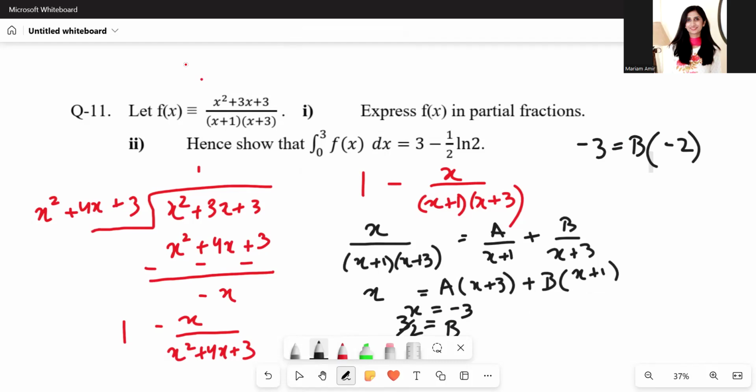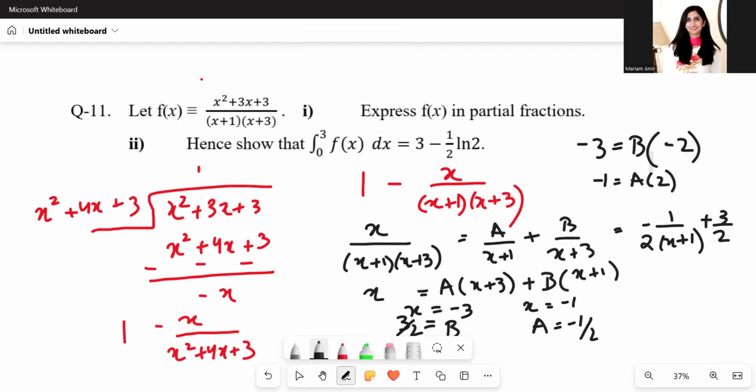Now to find A, we replace x with minus 1. So x equals minus 1 gives us minus 1 equals A times 2. So A is equal to minus half. So the partial fractions become minus 1 over 2(x plus 1) plus 3 over 2(x plus 3).